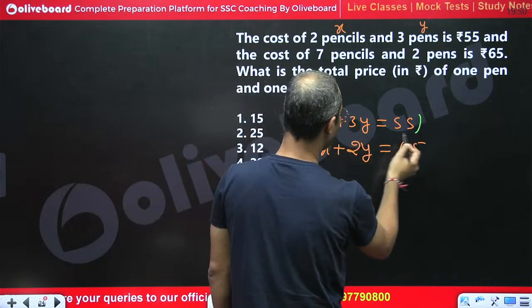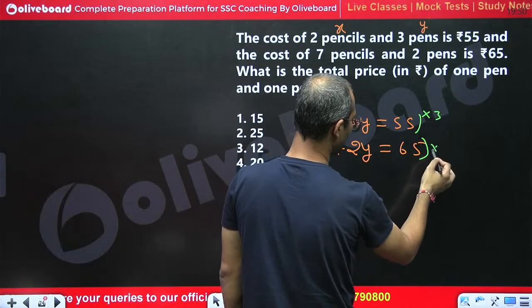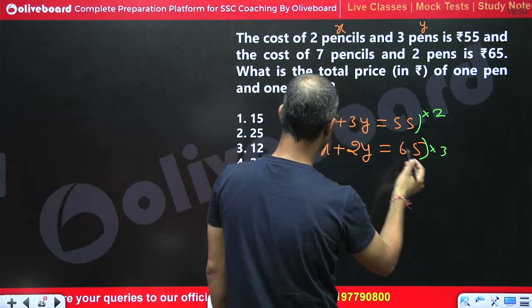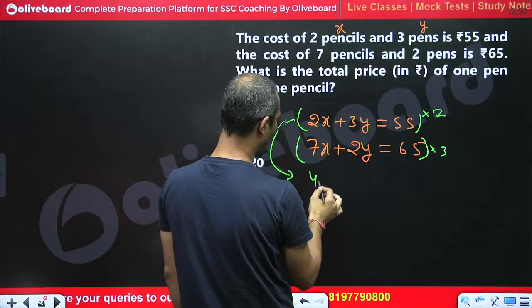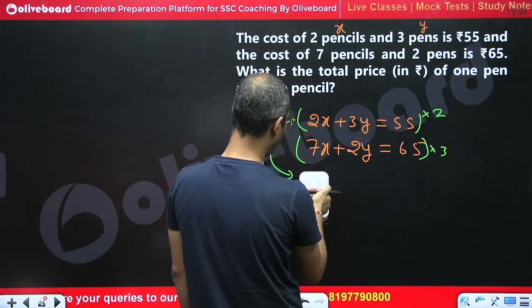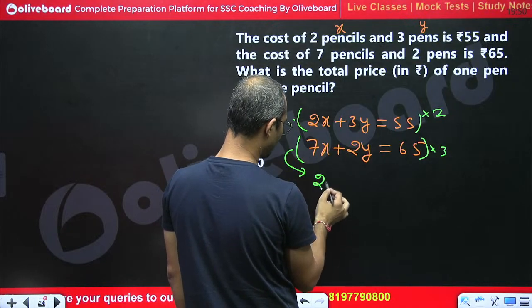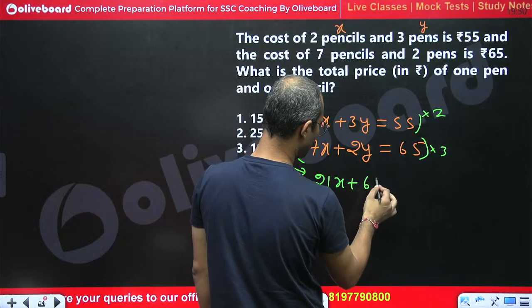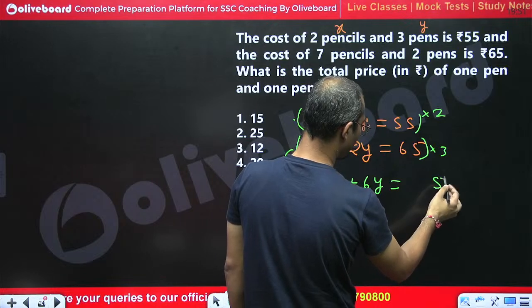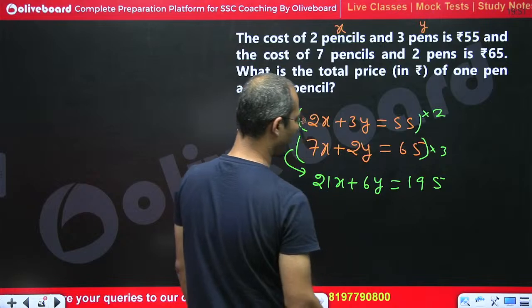So we have to make the coefficient of any one variable equal. So here we will multiply the second equation by 3, and the first equation by 2, right? So we would get 7 3s are 21x plus 6y equal to 195, right?